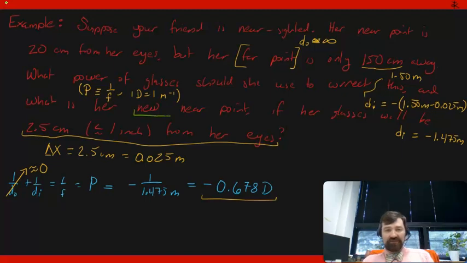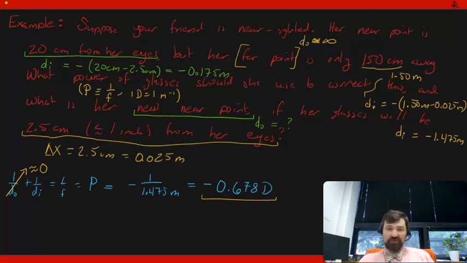So dO is what, in order for the image di to be 20 centimeters from her eyes? di is equal to negative of 20 centimeters minus 2.5 centimeters, which converted to meters gives me negative 0.175 meters. So, what is dO to make this the case?